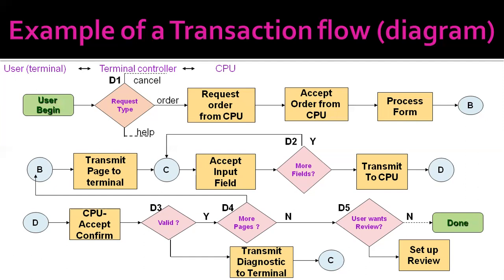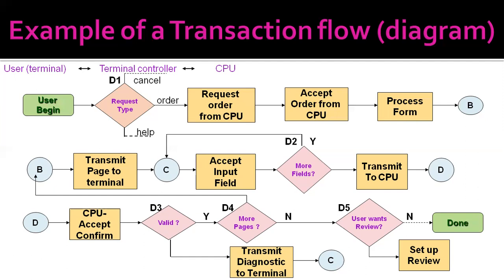Now the CPU validates the request and finds whether that particular form is available or not. And if it is available, then it will forward the same request to the controller terminal, and the controller terminal will forward it to the specific dumb terminal from which that request was generated.